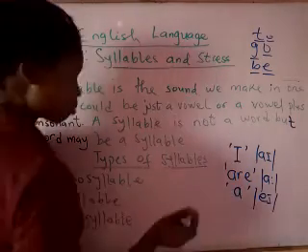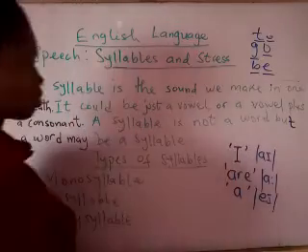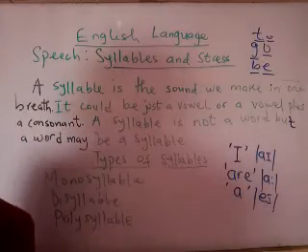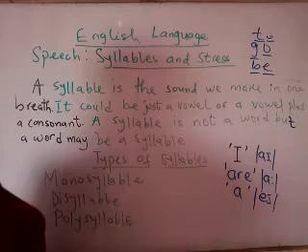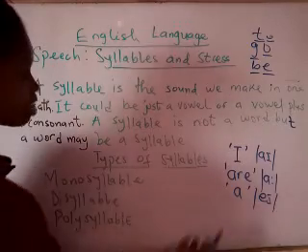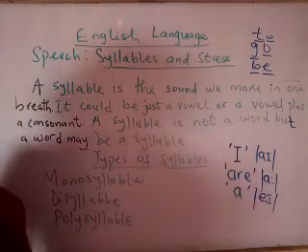Look at these examples. Let's use the ones we've used earlier. Go, that's a word, and it's also a syllable. Be, another word which is also a syllable.